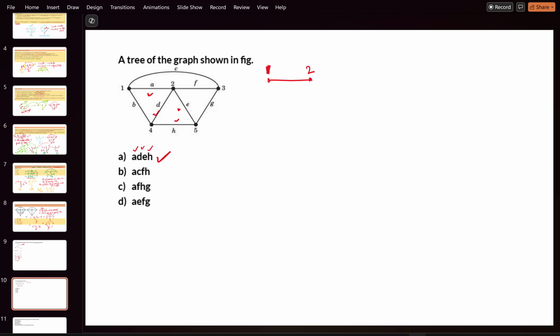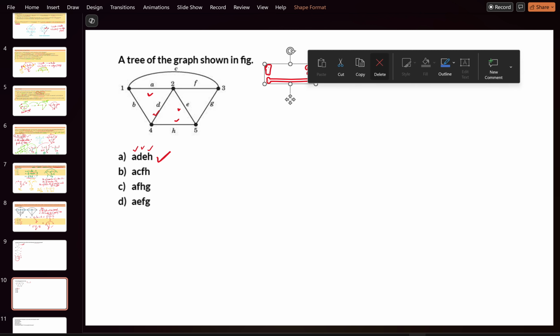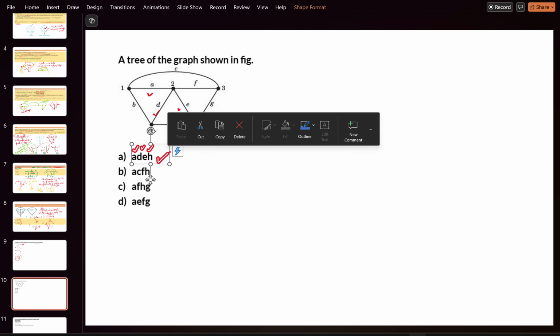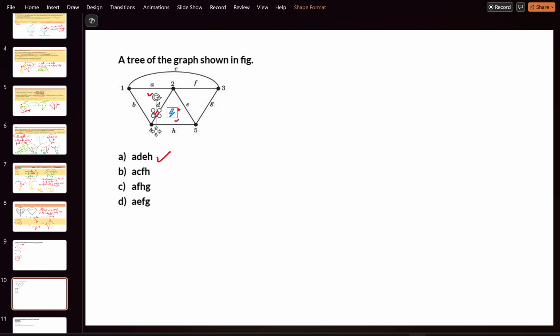There are four options. You have to tell me which branch combination is actually making a tree. Okay, so I'm giving the solution.